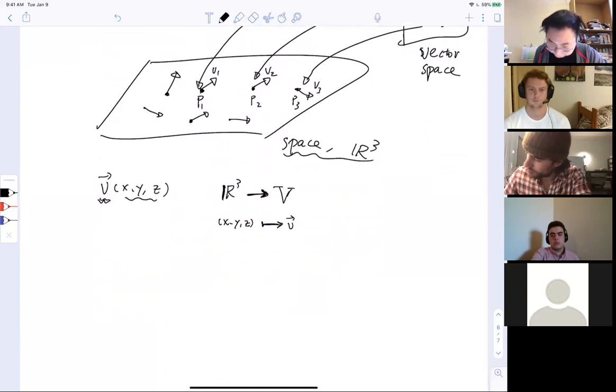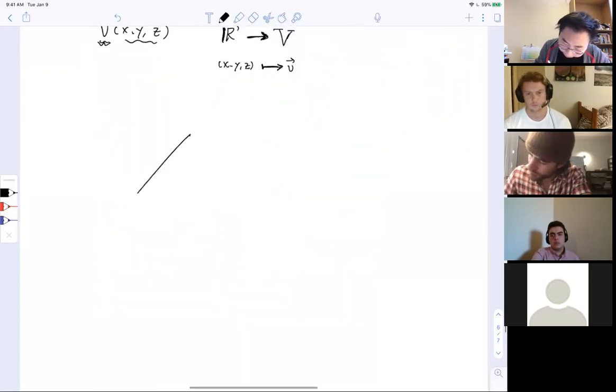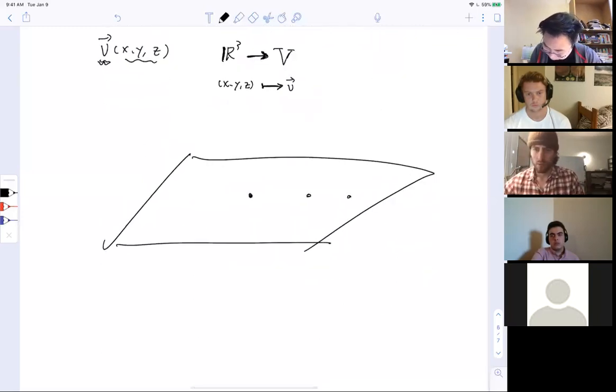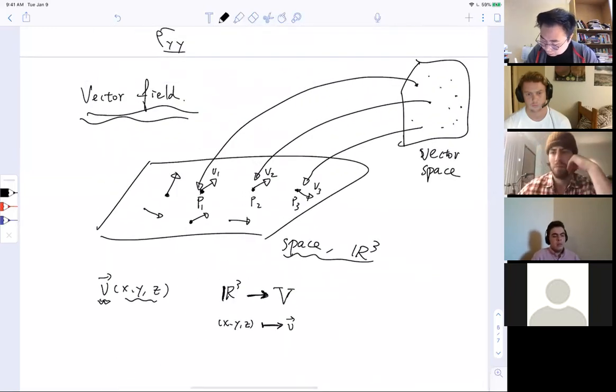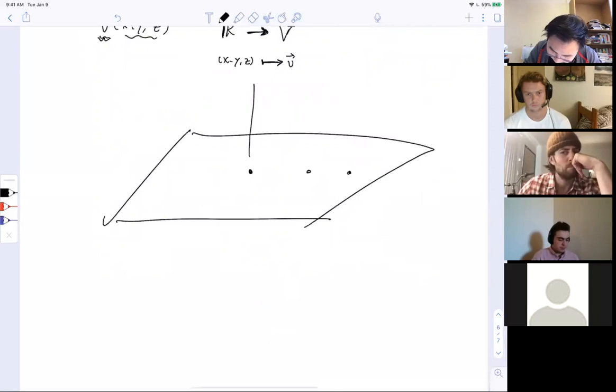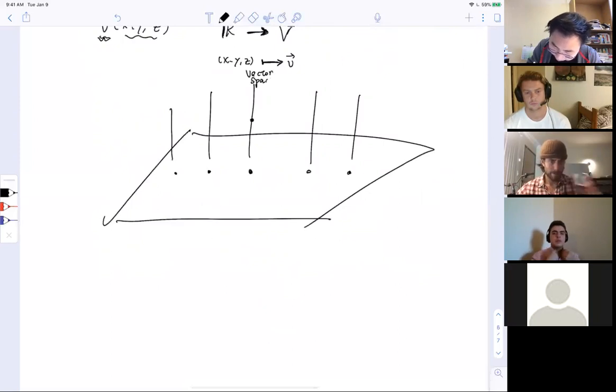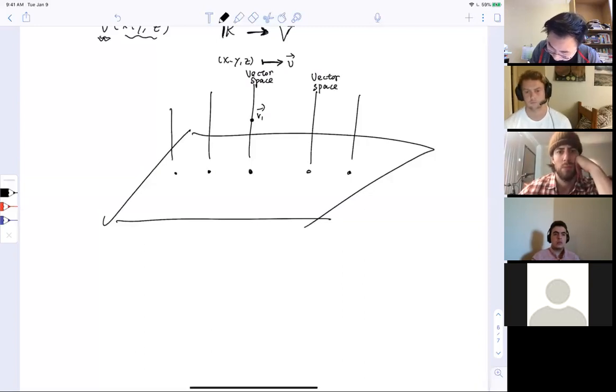So what else do I want to say about vector fields? Another way to understand a vector field is that for each point, you can copy this vector space. At each point there is a vector space, and they're the same. At each point in this vector space there is a vector v1, for example, this is a v2, whatever, for p1, p2.